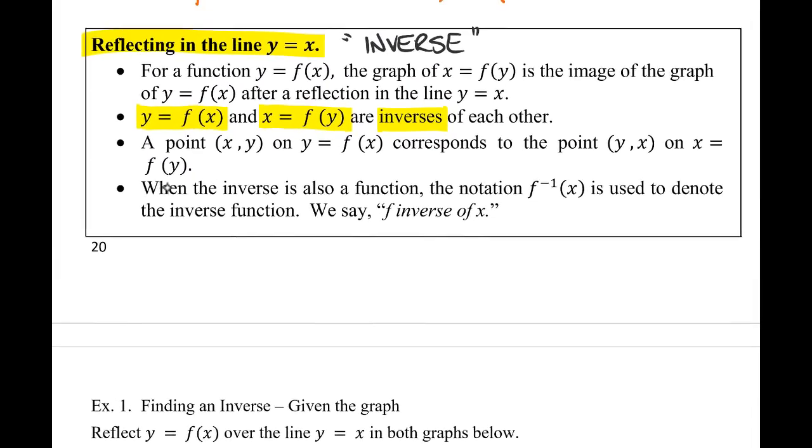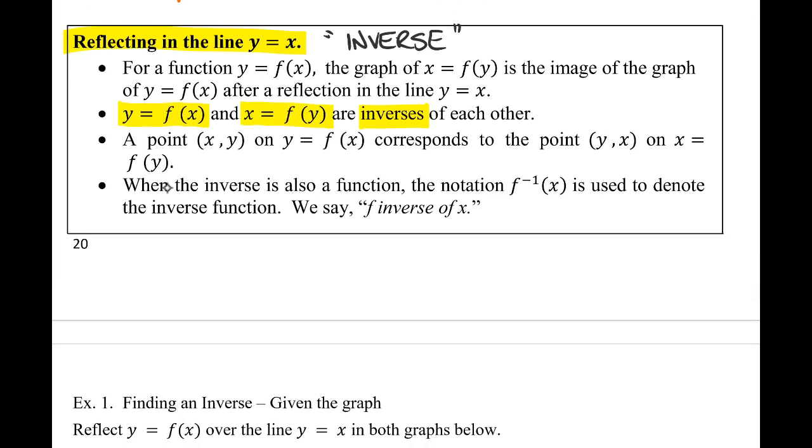So here is my favorite part of this explanation, the mapping notation. If we have (x, y) as our coordinate point in y equals f of x, then for our inverse function, we just literally switch x and y. They trade places.